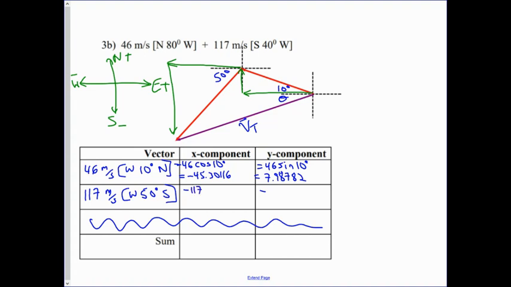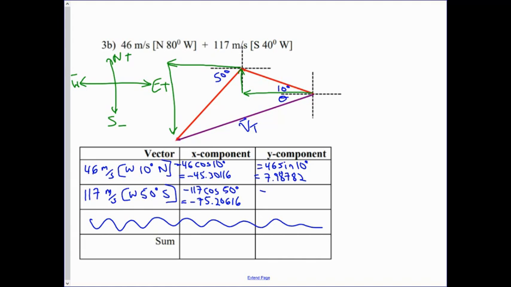Our magnitude of our vector is 117. And then we're going to say cosine of 50 degrees. Again, because the x component is adjacent to the 50-degree angle, so we use cosine for that one. When we work that out, we get negative 75.20615.